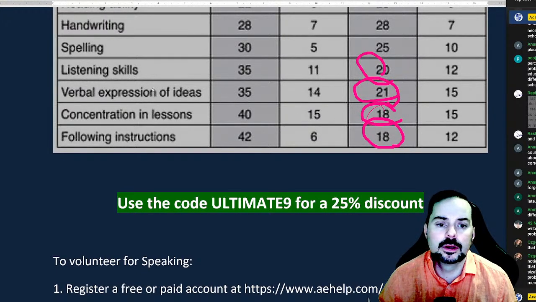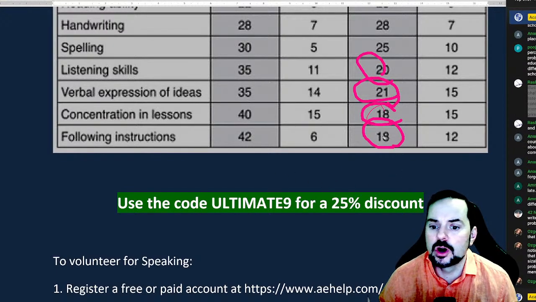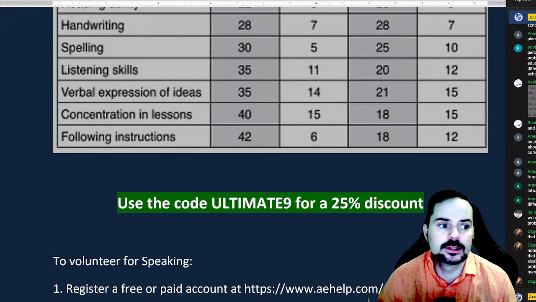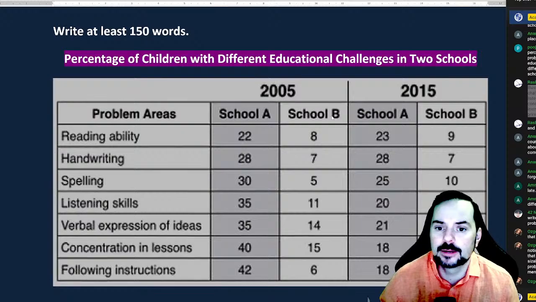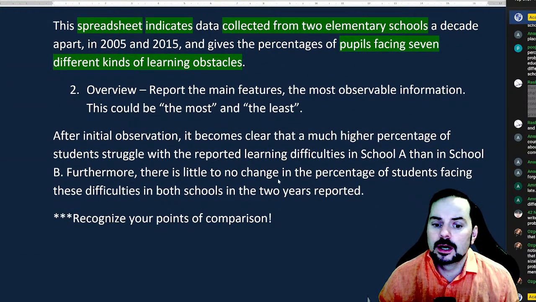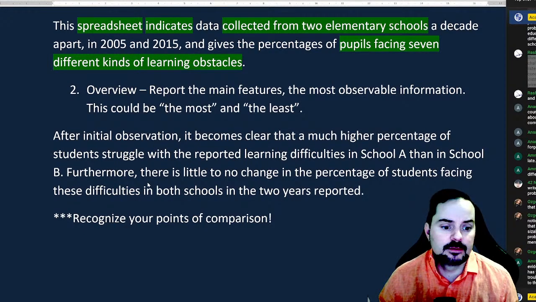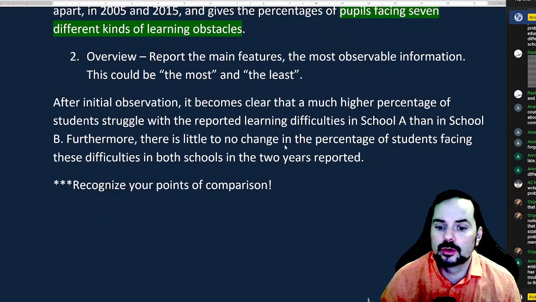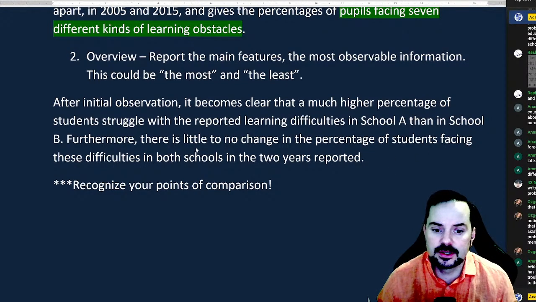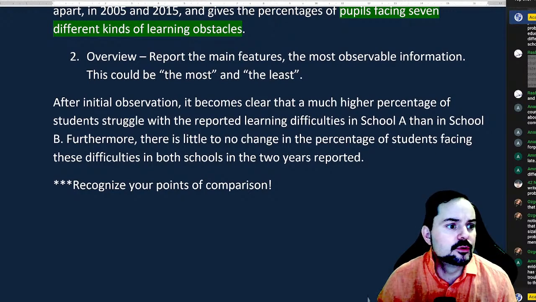But not all of them. So most of them or many of them stay very similar, okay? So I have to adjust it a little bit, but I'm getting there, okay? So here, instead of writing furthermore, there is little to no change in the percentage of students facing these difficulties, there's little to no change for most.